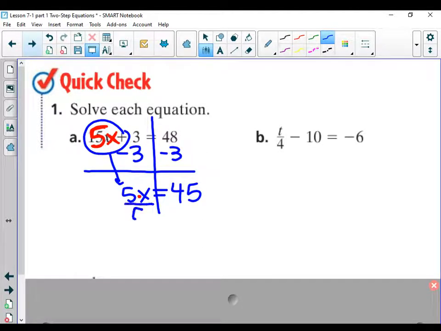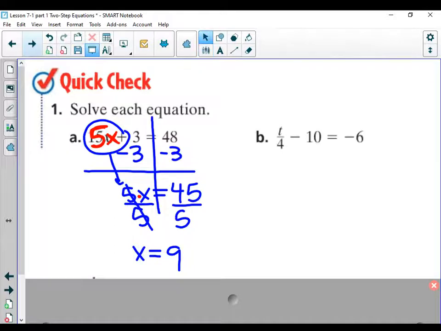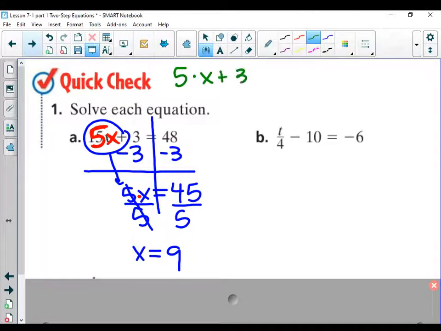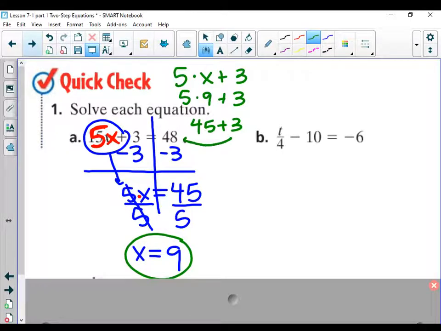Undo multiply by divide. It used to say 5 times x plus 3, but if x is 9, it says 5 times 9 plus 3. Yay! 45 plus 3 is 48. That means I did it right.